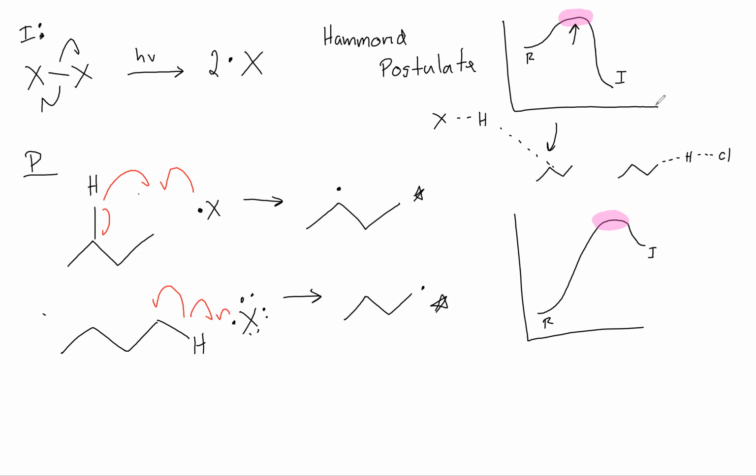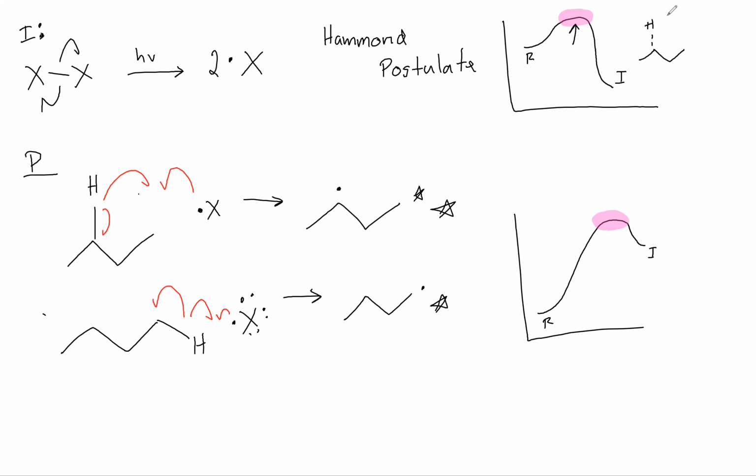Okay, let me redraw this really quickly. So let's say that we're just looking at this first one right here. And this first graph right here, this transition state will be closer to the reactants. So that means this is going to resemble the reactants way more than this intermediate. As a result, the hydrogen bond will be very, very small.